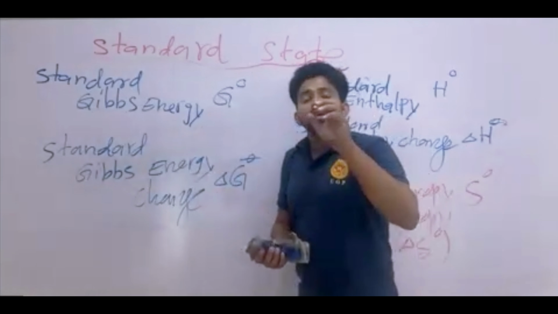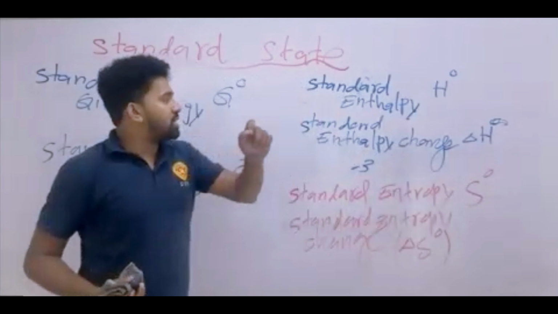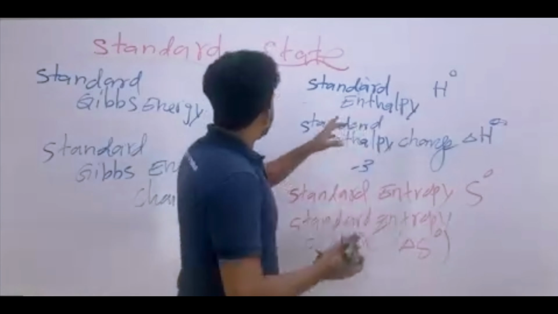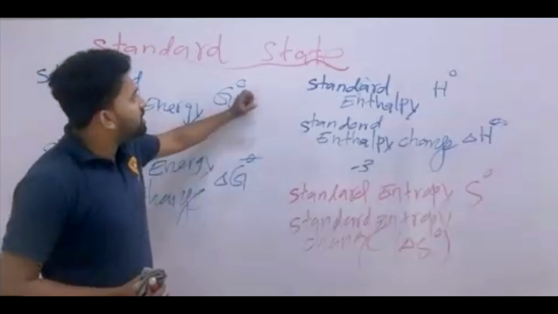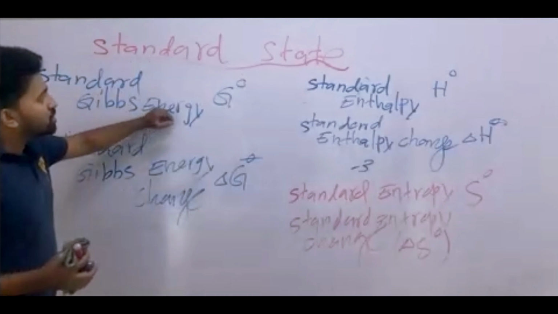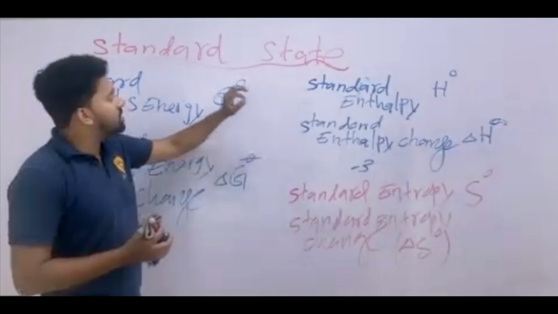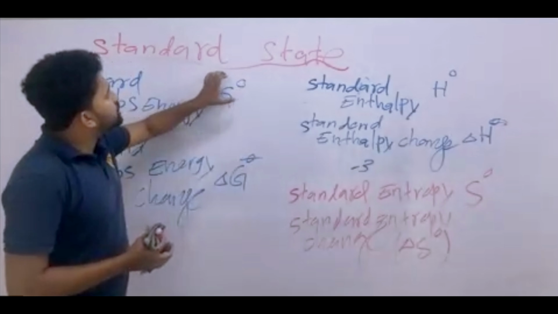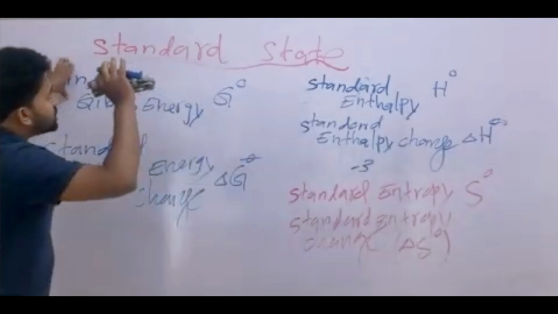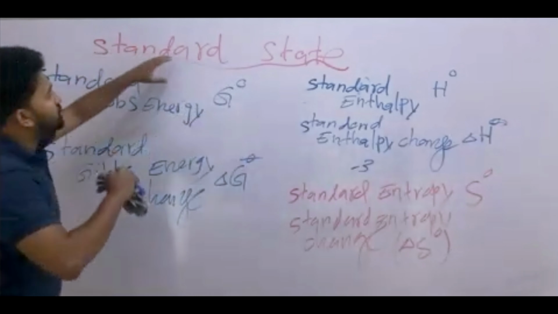And if you do not use the correct abbreviations, you will not get marks. If you write delta G naught where it says just Gibbs energy, they will not give the mark. We use naught when the system is at the standard state.